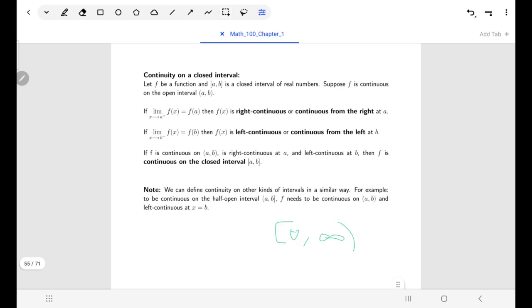To be continuous on the closed interval, you just need to be continuous on the interior and then continuous at the two endpoints. If you wanted to be continuous on some sort of half open interval, you'd need to be continuous in the interior, and also continuous at the endpoint that's being included.